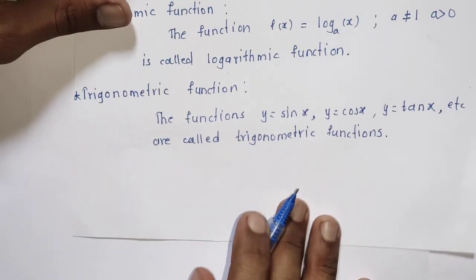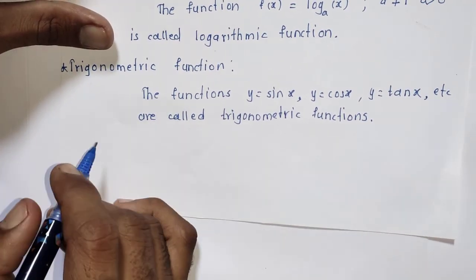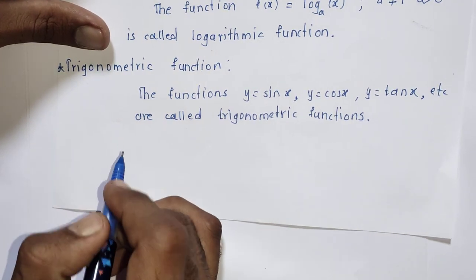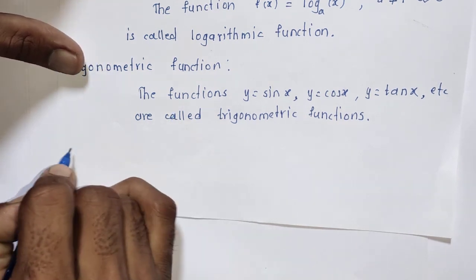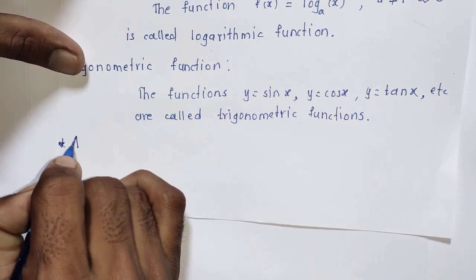Now the next definition is the absolute value function. We have seen absolute value in chapter one, that is the modulus of a real number.